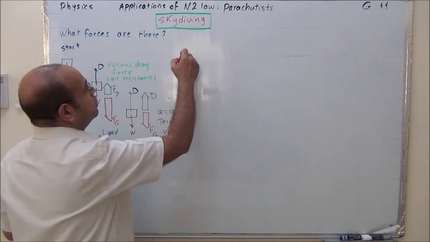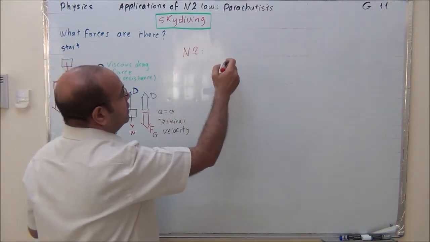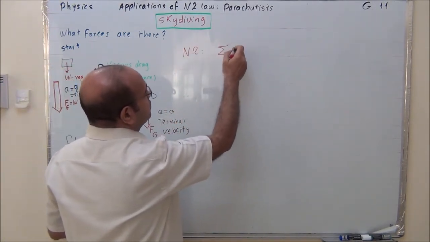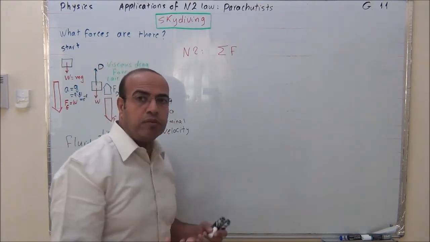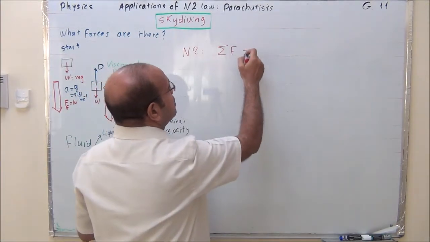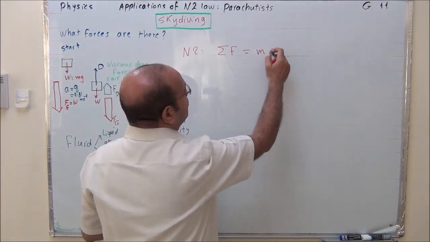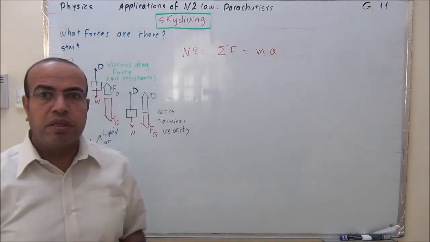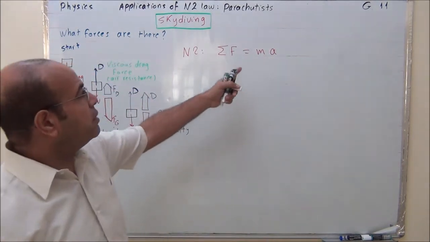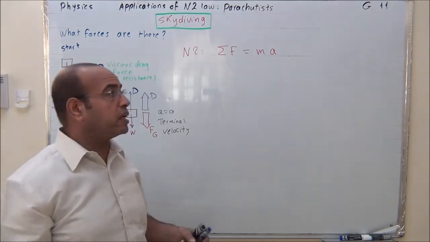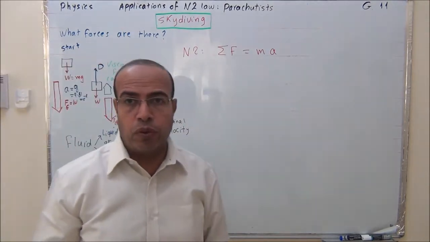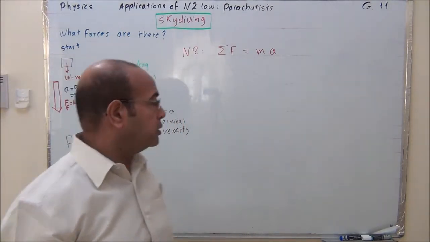Newton's second law tells us that the resultant force acting on the object equals the mass multiplied by the acceleration. m is the mass in kilograms, a is the acceleration in meters per second squared, and the net force is in newtons.